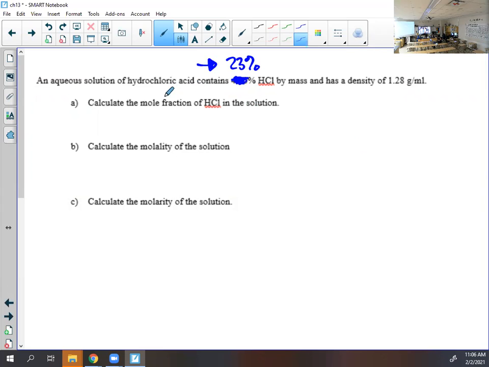We have an aqueous solution of hydrochloric acid that contains 23% HCl by mass and a density of 1.28 grams per milliliter. It asks us for three things, A, B, and C: the mole fraction of HCl in the solution, the molality of the solution, and the molarity of the solution.